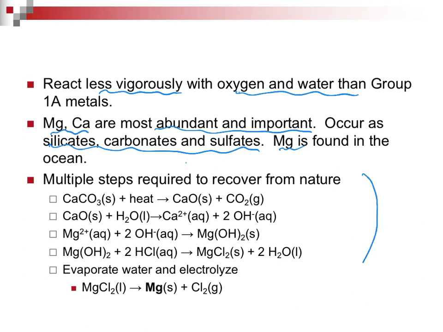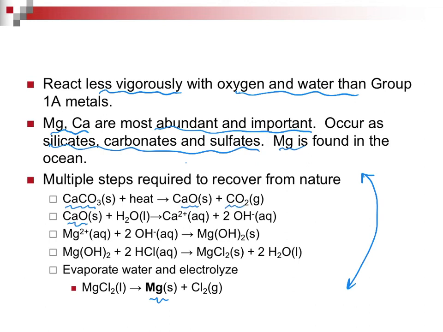Now you do not have to know anything that I've written here. But what I wanted you to realize is in the real world, it is not as pretty as a textbook. If someone's trying to recover magnesium as a solid, they may take seashells, limestone, and heat it up to make calcium oxide and CO2.